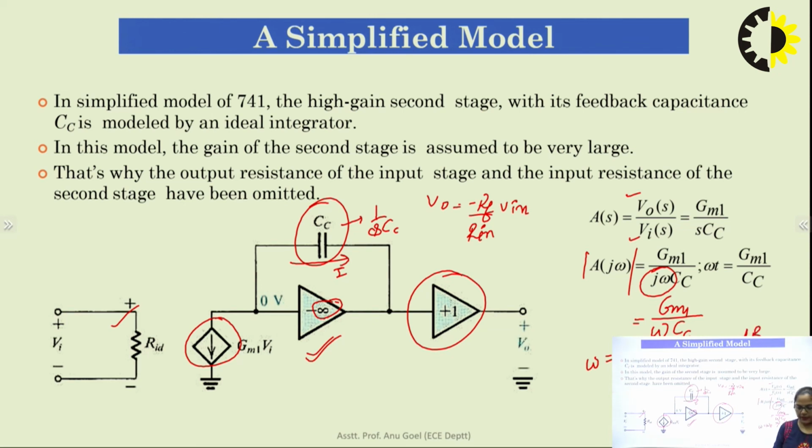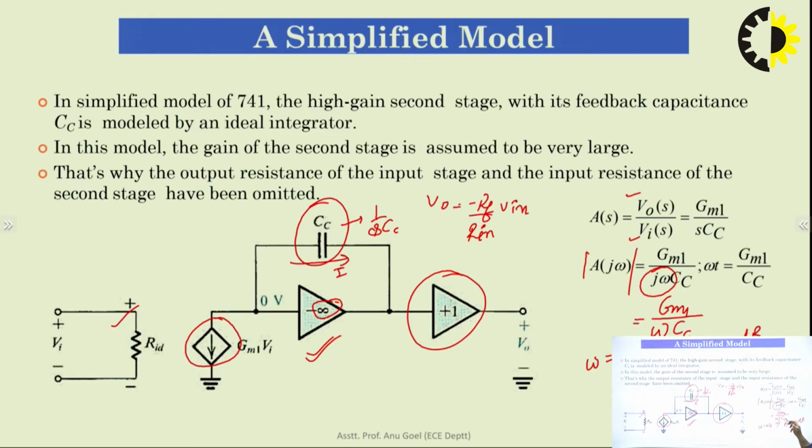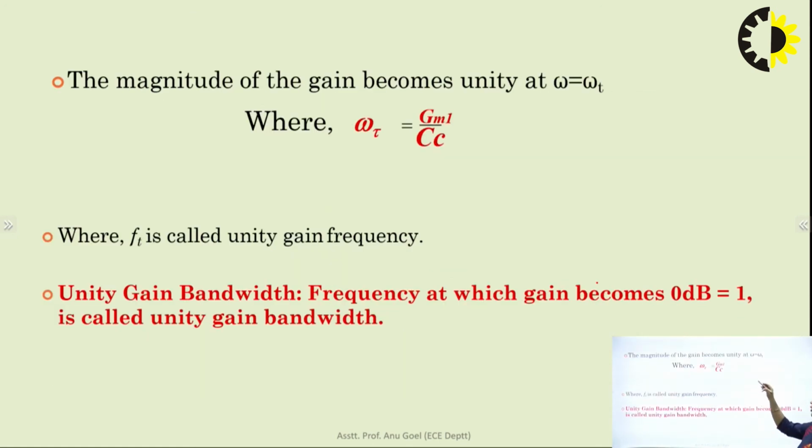Replacing omega with omega t in this equation, 1 is equal to Gm1 upon omega t into Cc. So omega t will become Gm1 upon the value of coupling capacitance.